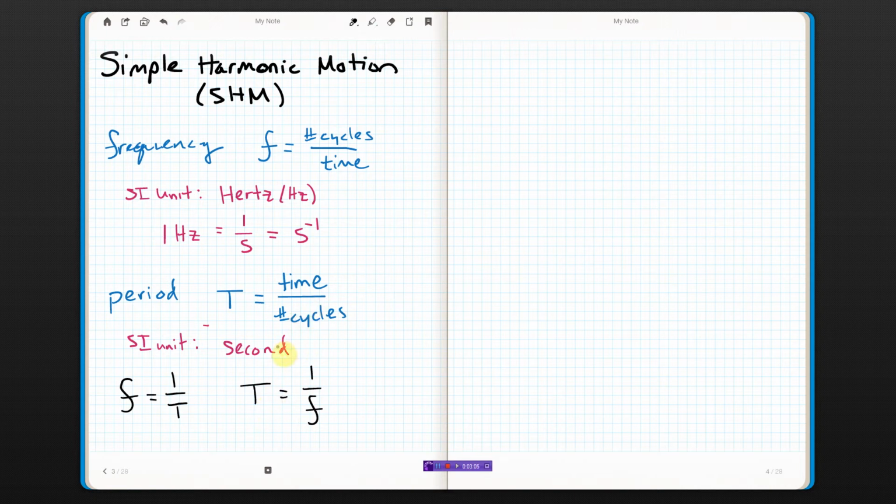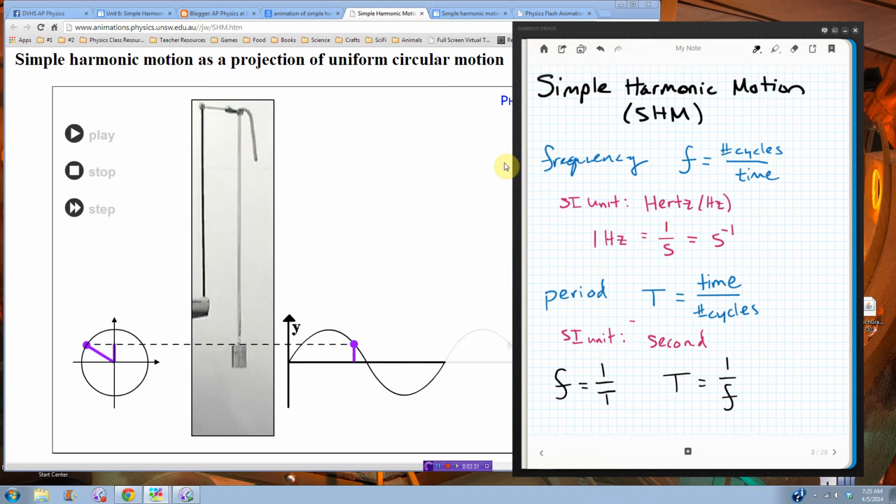These apply for any kind of periodic motion, that is, a motion that repeats itself at regular intervals. But simple harmonic motion is something special. This is motion that repeats itself in a particular way: if a particle is moving, it's moving in relation to the origin in a sine function. I've got an animation of this. It is motion where it goes back and forth, and back and forth, and back and forth.